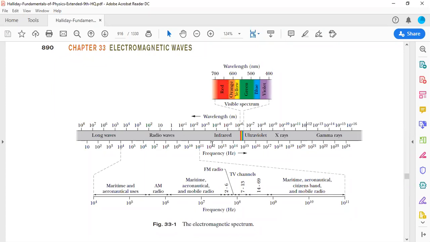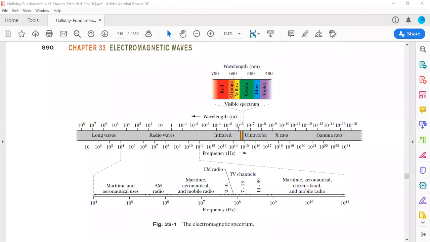So this is basically in order to understand the spectroscopic technique. It has a very wide range of spectroscopy techniques, so it requires a lot of time.